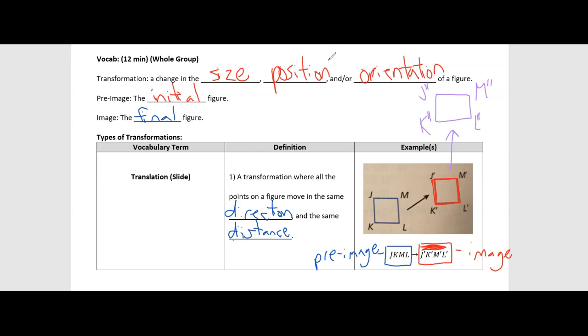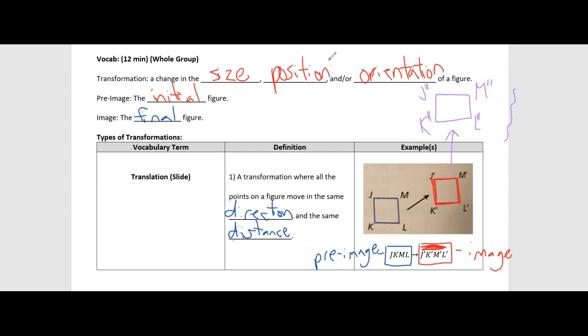The farther you go in your set of transformations, the more primes you're going to have. So for each new transformation, add an additional tick mark to your letter. The way we would read this would be J double prime, K double prime, M double prime, and L double prime.